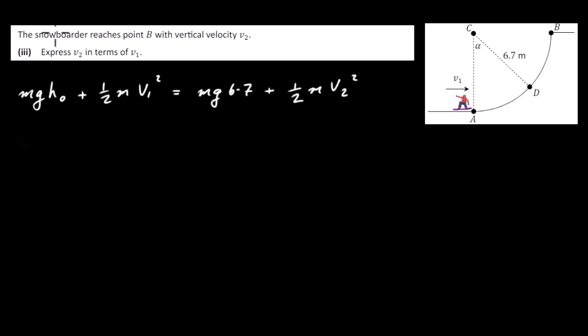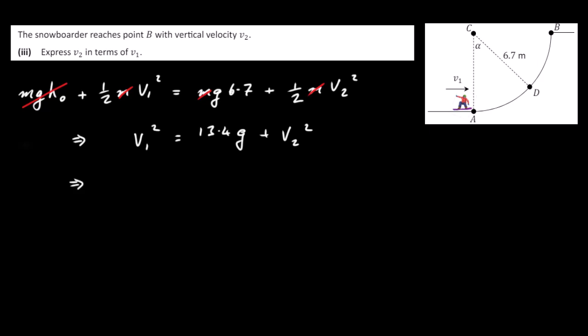So this will disappear because h0 is 0. I'm going to divide across by m, and multiply by 2 to get rid of those halves. That'll leave me with v1 squared equal to 13.4 g plus v2 squared.